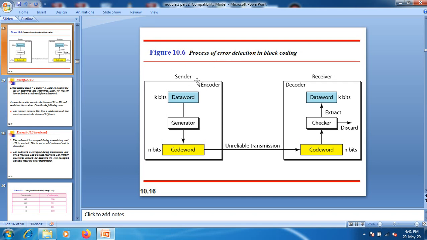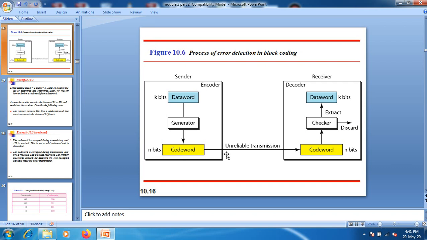Here we have an encoder as well as a decoder. At the sender side, we have a data word. The size of the data word is k bits, and that information is passed through this generator. The generator applies certain rules and procedures and generates the n-bit code word.